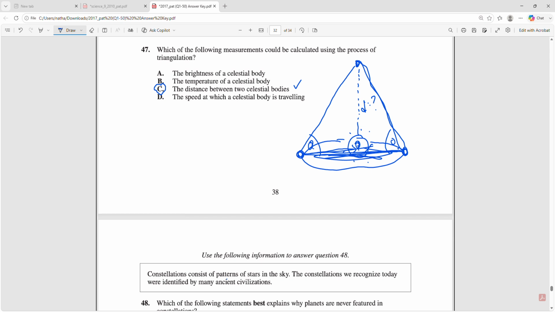Just remember when you think of triangulation or the word parallax, because parallax is the phenomenon associated with triangulation. So either of those two words is your key to tell you that we're talking about measuring distance using triangles. Okay.